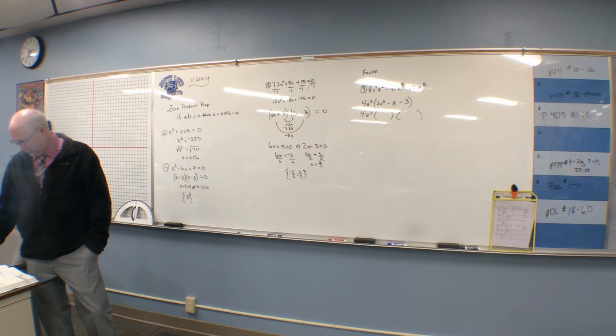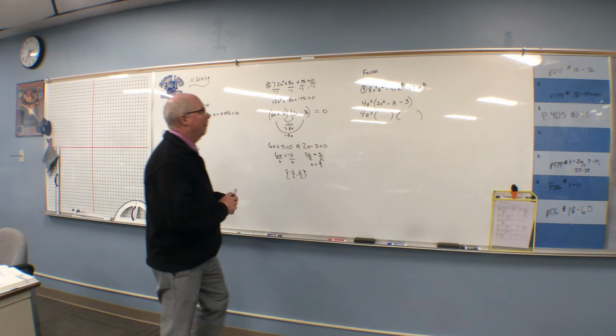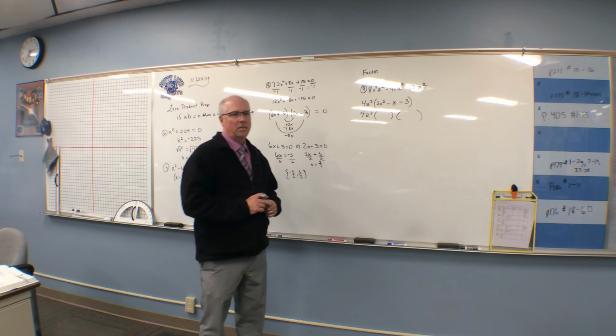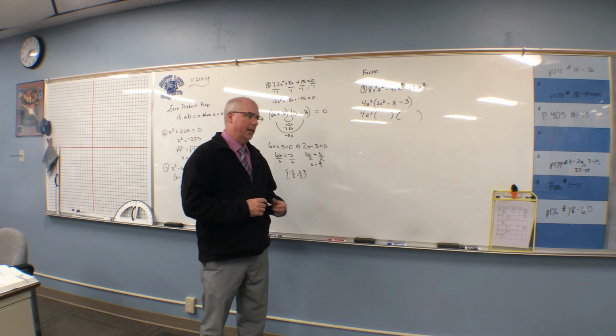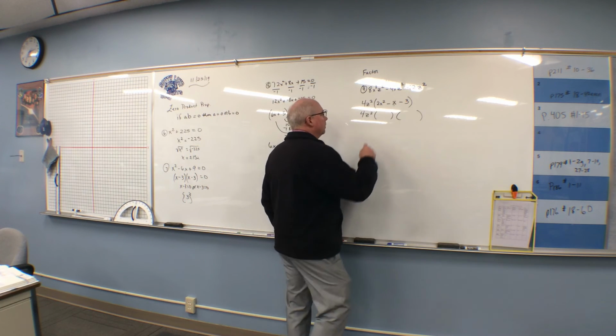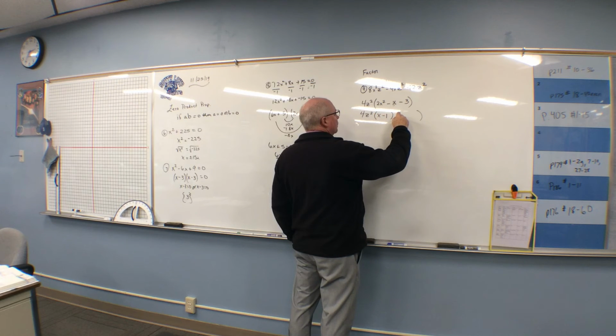You may get it. What'd you get, Brian? 4z squared, parentheses, x minus 1, parentheses, parentheses, x plus 3, parentheses.